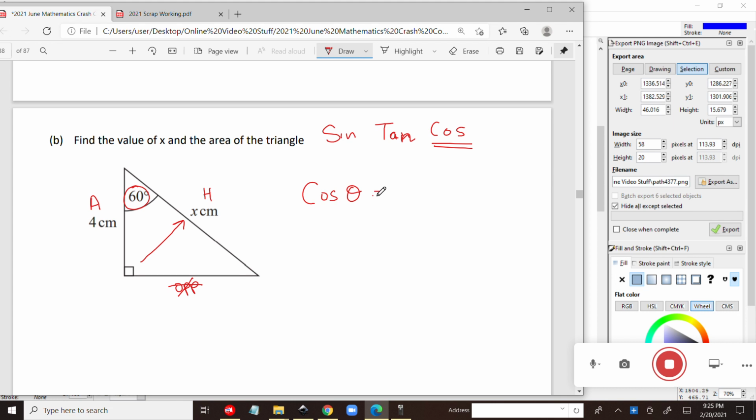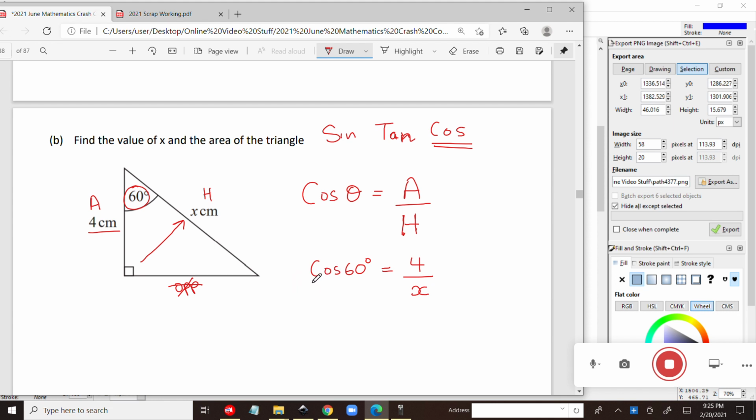Cosine theta is adjacent divided by hypotenuse, right? Like I said, if you don't understand this formula, watch the video I just suggested first and then come back. It will be a breeze, I guarantee it. Cos theta, the angle in today's question is 60 degrees. The adjacent side is 4 and your hypotenuse is x.